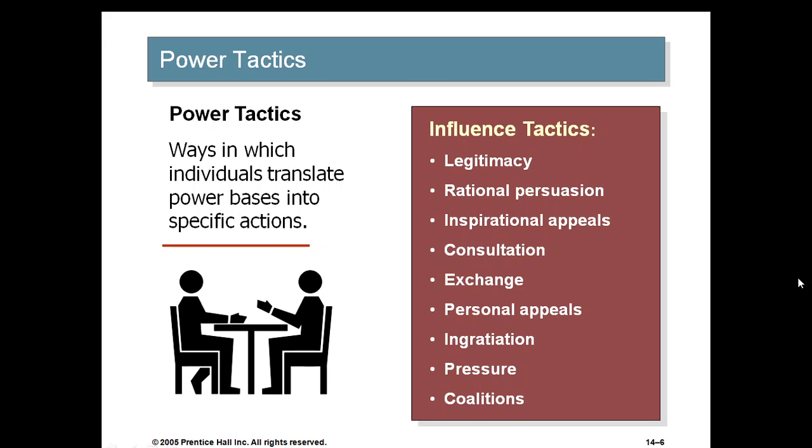Personal appeals is also a nice tactic, where a legitimate person comes forward with a personal appeal to influence the behaviors of people. Where do you see personal appeals happening? You can see, for instance, if you are aware of this gentleman called Kailash Satyarthi, who has been influencing thousands of people.